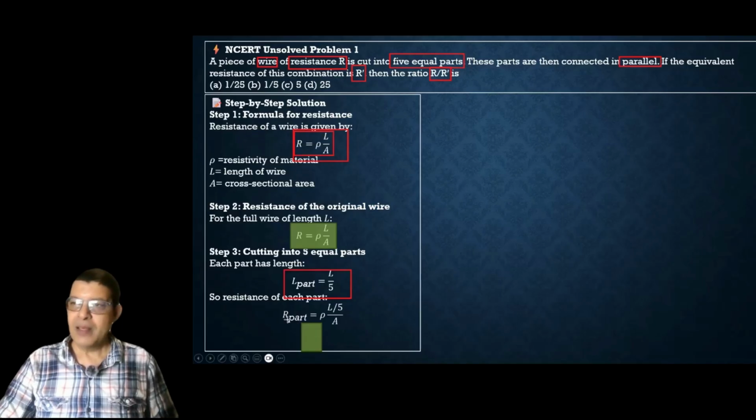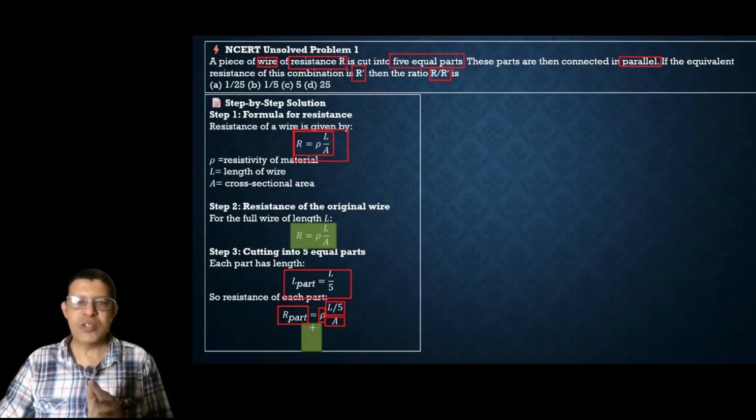So the new resistance of the cut part is rho L by 5 upon area. The cross-sectional area doesn't change, and rho also doesn't change. So this is the resistance of the cut part, not the equivalent resistance of the parallel combination.